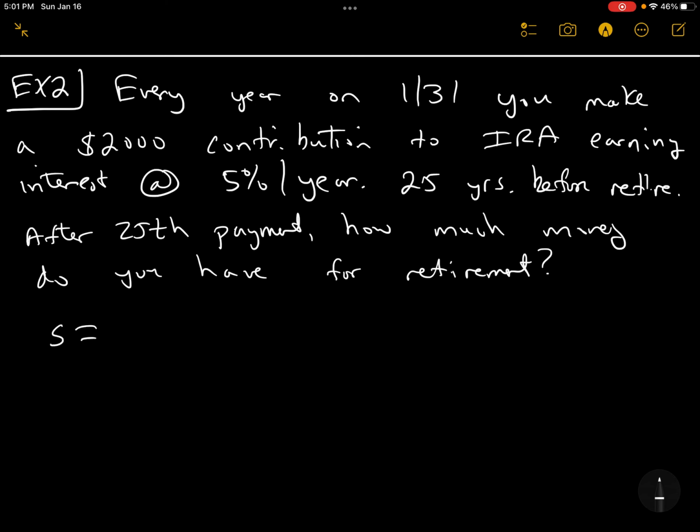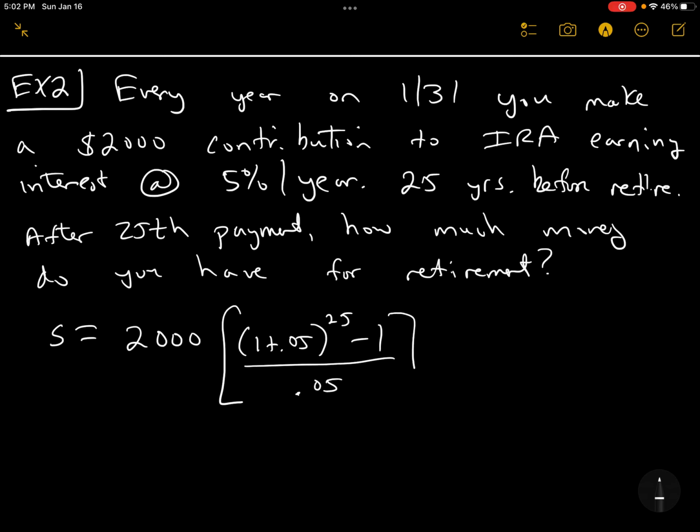So S turns out to be, you put $2,000 a year in, times (1 + 0.05)^25, for 25 compounding periods, minus 1, divided by this i. And it's around $95,454. Okay. Enough to last you 5 years or so if you're lucky. Hopefully there's something else going on, like a good pension.